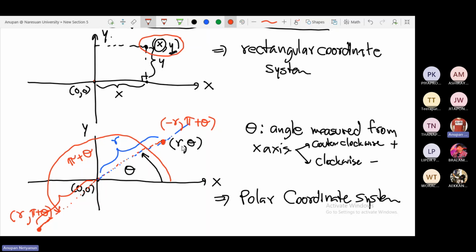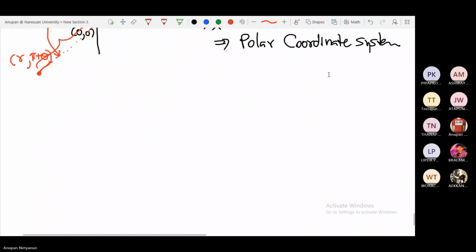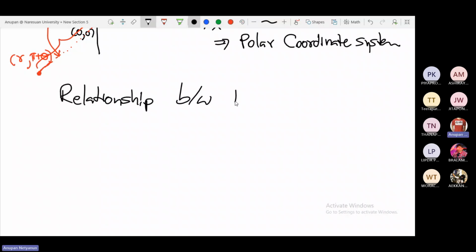Now, that is not an important property of the polar coordinate system, but let me give you the important property, which is the relationship between rectangular and polar coordinate system.